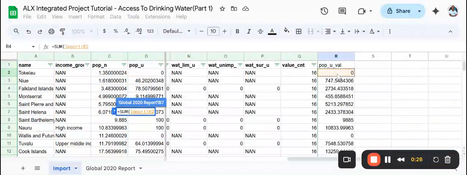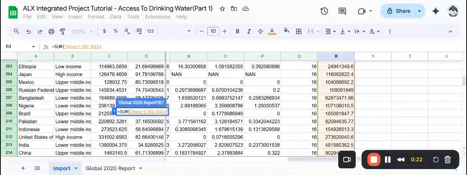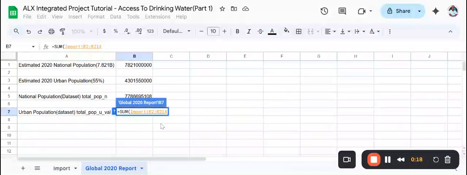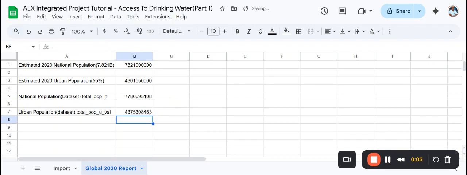So from here, Control Shift or Command Shift, you go down, and then let's come here. We have referenced all the cells, which means that this one will give us the sum of all of it. Let's enter and see what it gives us. Boom. So here we are.